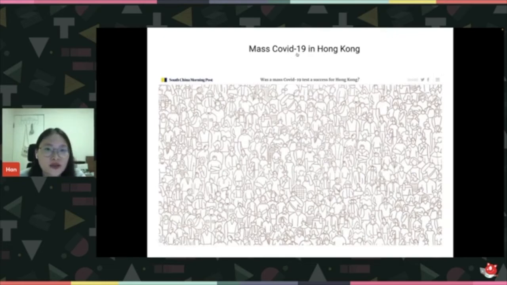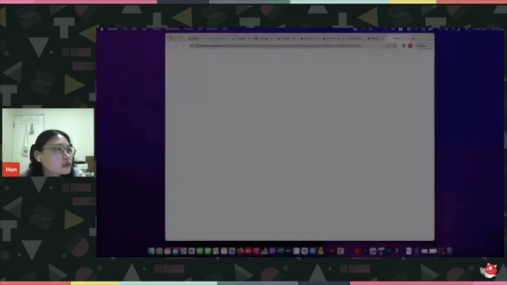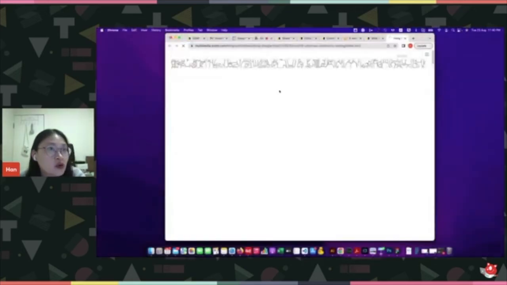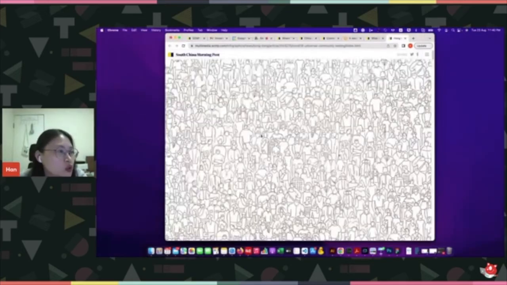This is a graphic one of my colleagues did about the mass COVID test in Hong Kong. He used Scroll Magic to create this scrolling graphic. So if you open the graphic, you can see a bunch of people here queuing for the test.